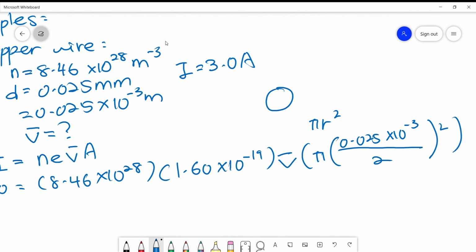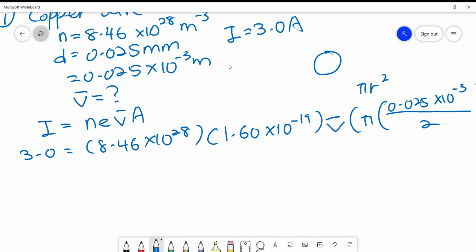So squaring this, finally what I get for the drift velocity is 4.51 times 10 to the power of negative 3 meter per second.